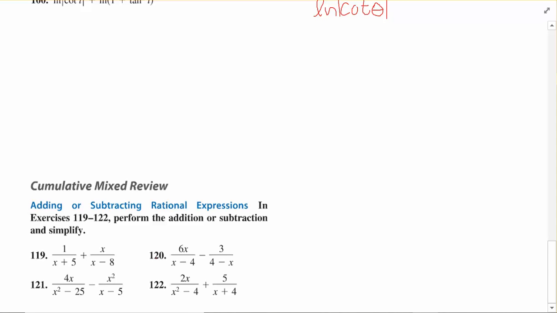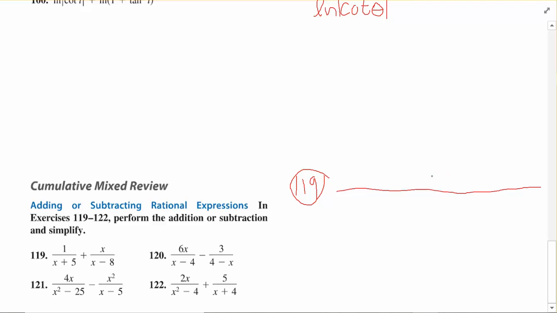Now I'm kind of embarrassed to do this one because you should know this stuff from Algebra 2. But let's do a little reminder. So on number 119, in order for me to add those two unlike denominator fractions, I've got to give them the same denominator.